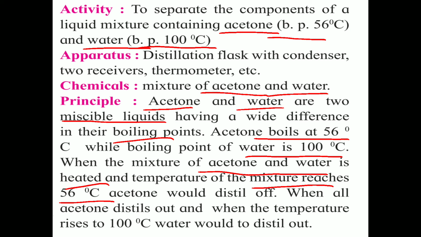When all the acetone is distilled out, the temperature rises to 100 degrees and water is distilled off. That means at first acetone is removed, and then as the temperature increases up to 100 degrees Celsius, water is distilled off.